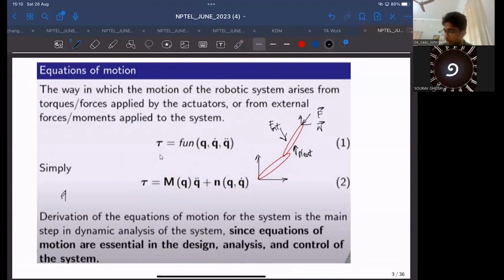If we have a spring mass system, the equation of motion is the sum of all the forces acting on this rigid body: mass times acceleration plus the force due to the spring, m x double dot plus k x. A similar analogy is happening in robotic systems, but the context is not a single body; this equation of motion is regarding multiple bodies.